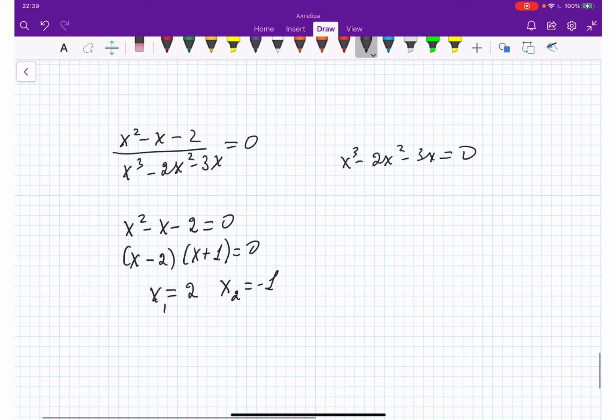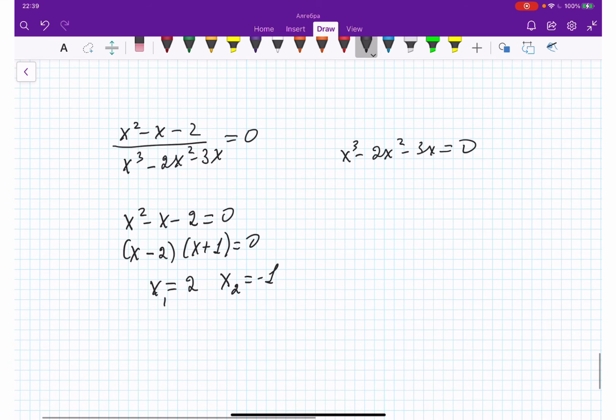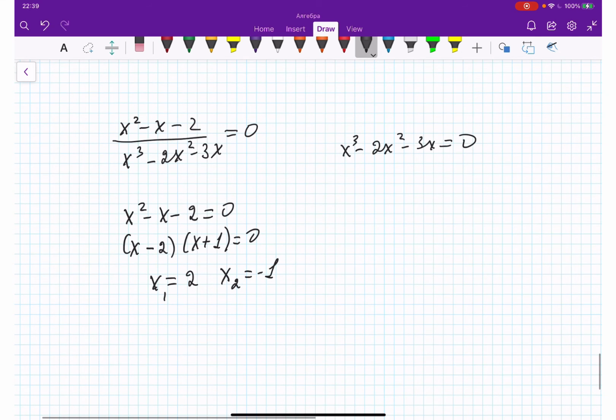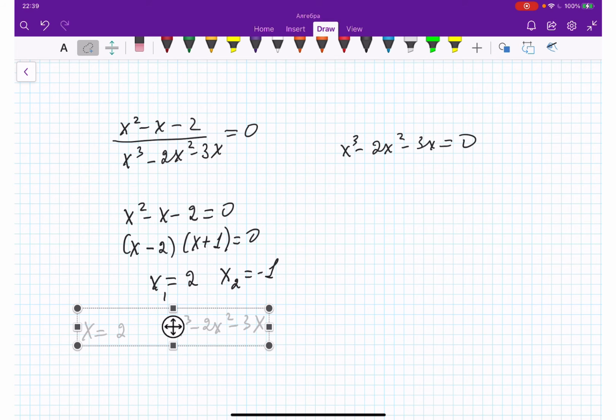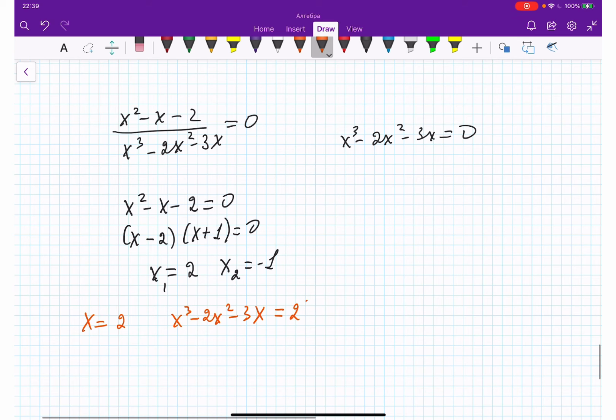So let's plug into the denominator. For x equal to 2, we get x cubed minus 2x squared minus 3x equal to 2 to the power 3 minus 2 times 2 to the power 2 minus 3 times 2, which is negative 6, which is not equal to 0.